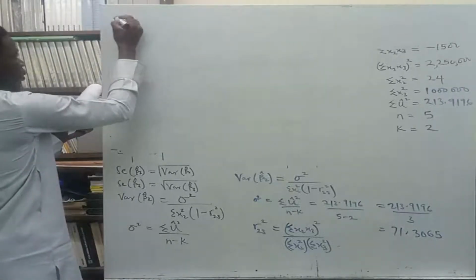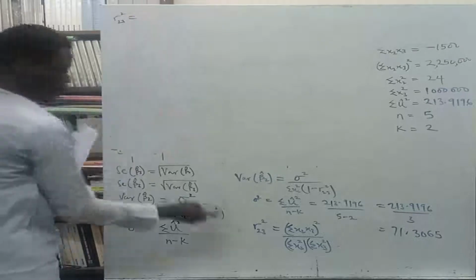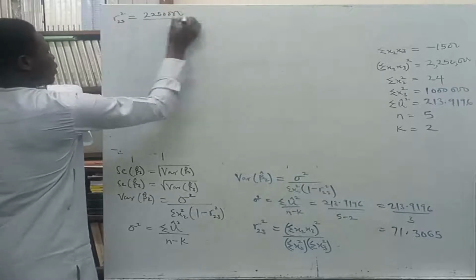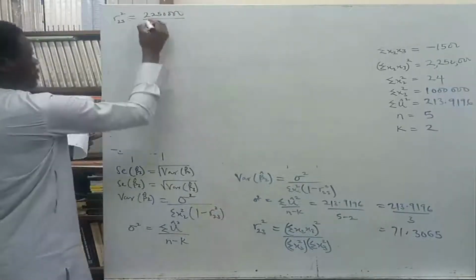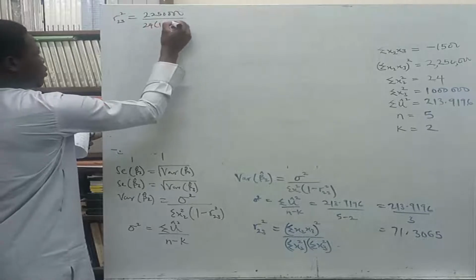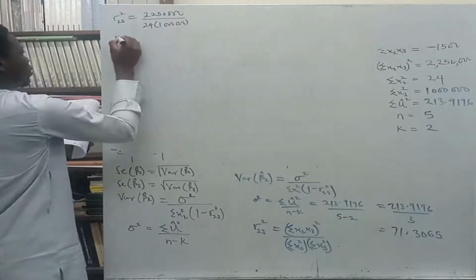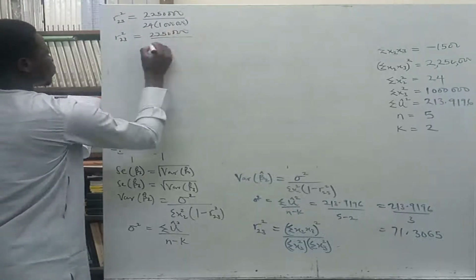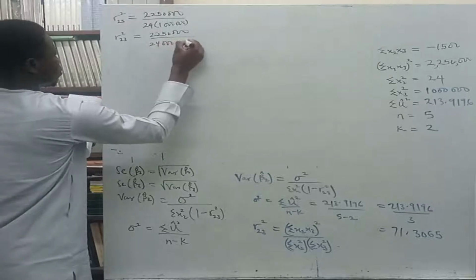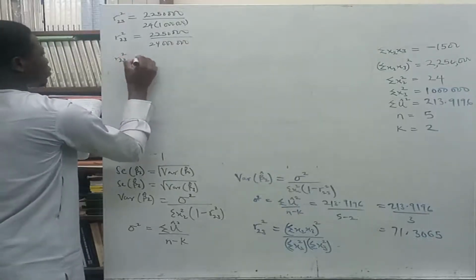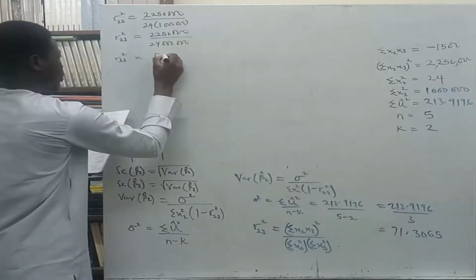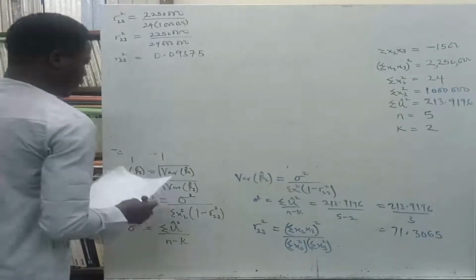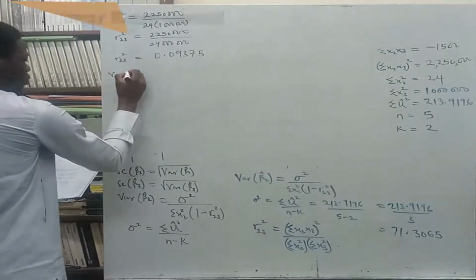So we have 2, 250 over x2, that's 24, times x3 squared. So that will give us 0.09375. So for variance now, we have variance of beta 2.